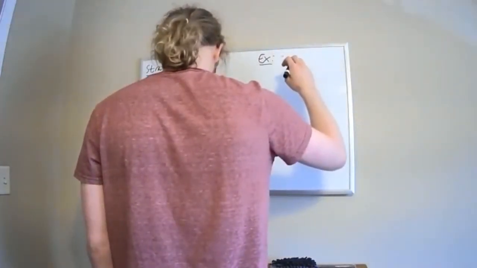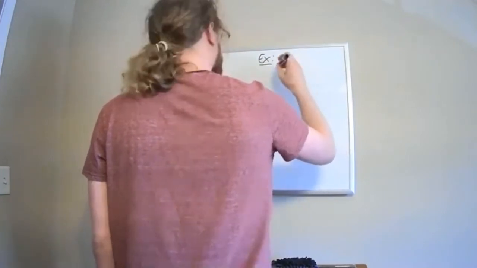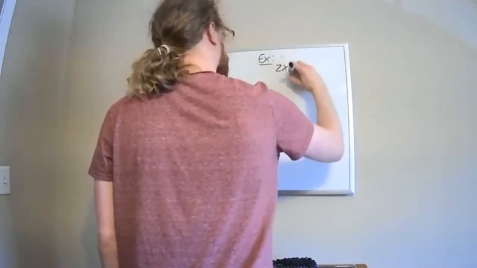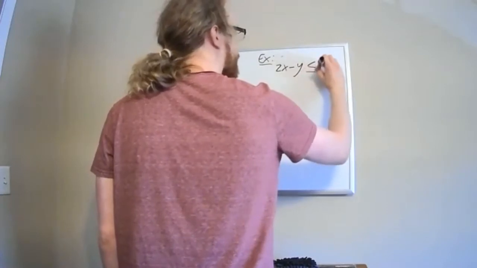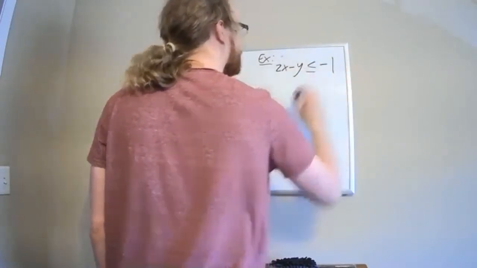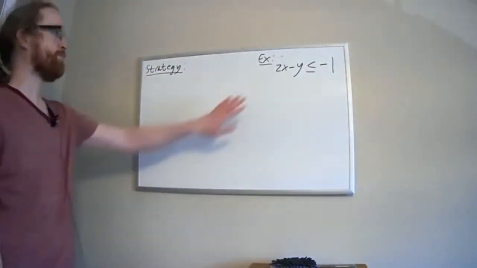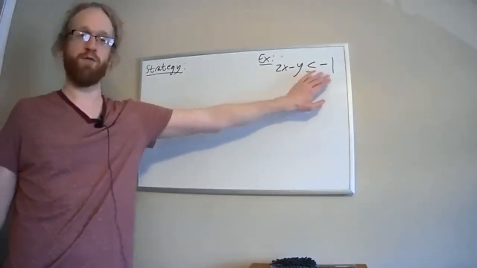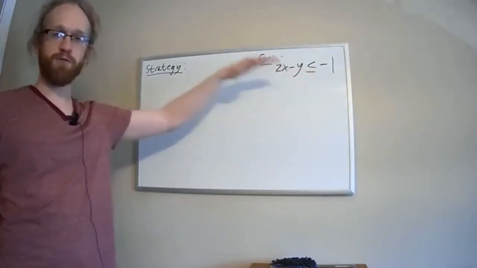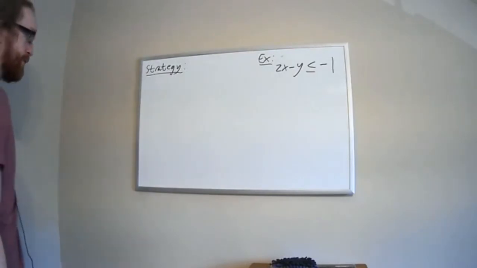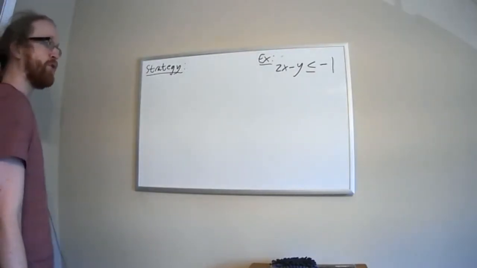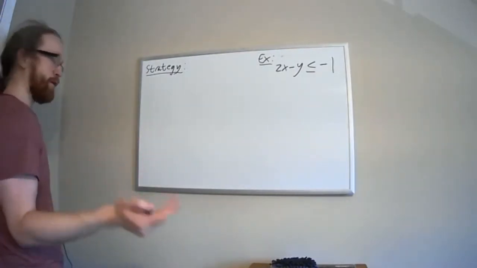How about 2x minus y less than or equal to, I don't know, -1. Okay, 2x minus y less than or equal to -1. It's a simple linear inequality of two variables. We're going to find out how to graph this to represent its solutions. Again, there should be infinitely many solutions. Let's see what they look like on a graph.